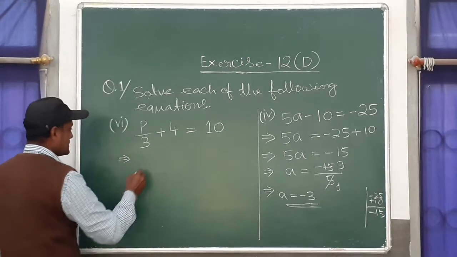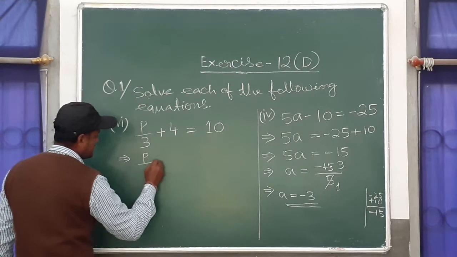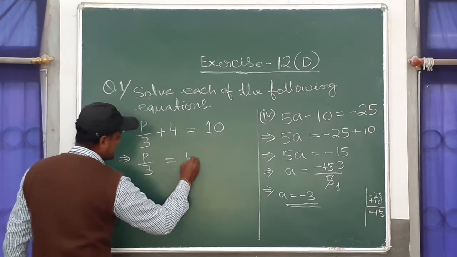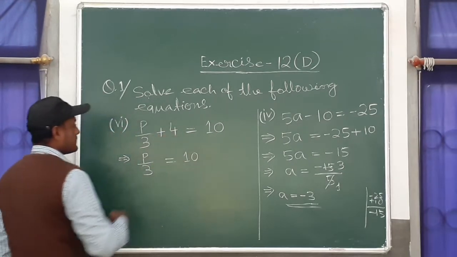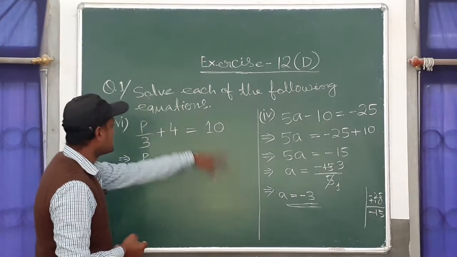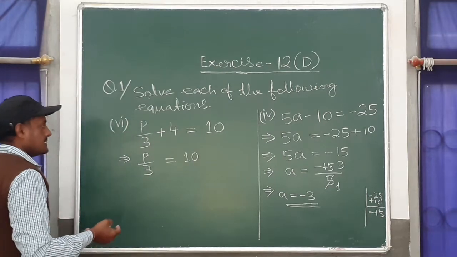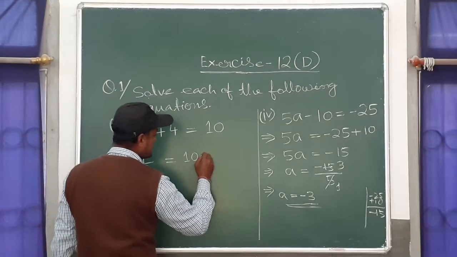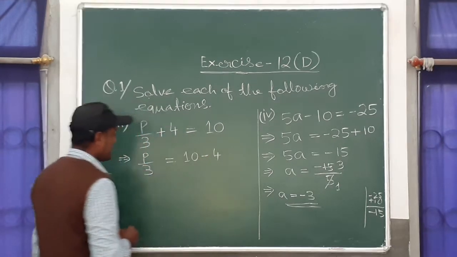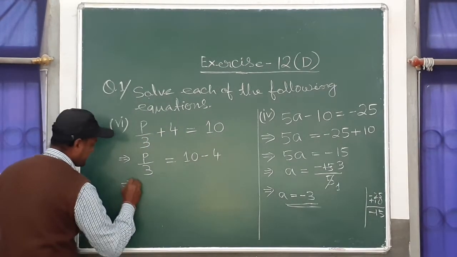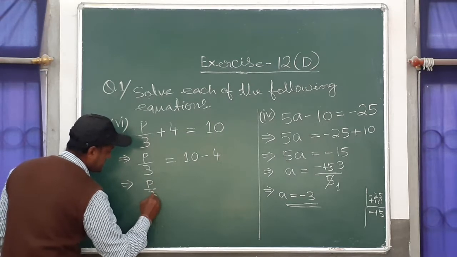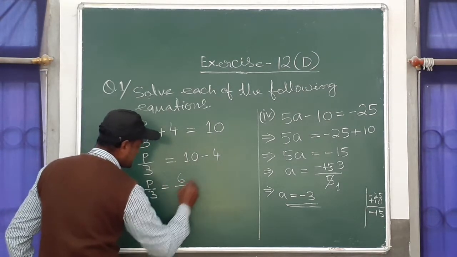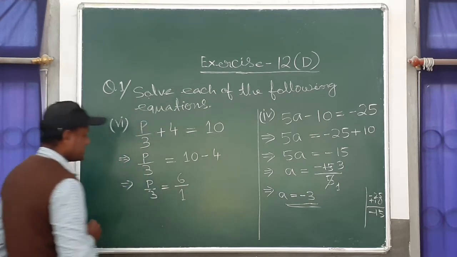What we will do here, next line we will write p upon 3 is equal to 10, which is already on this side, so we will write 10. Now from left hand side plus 4, when we will shift to right hand side, what will happen? Again the sign will change. So plus 4, now we have to write minus 4. So we got p by 3 is equal to 10 minus 4, that is 6 upon, nothing is there means there is 1.